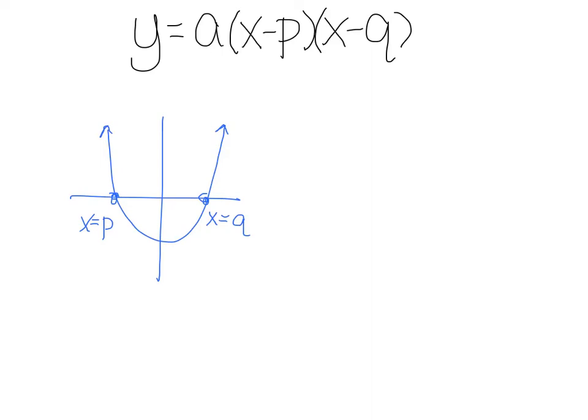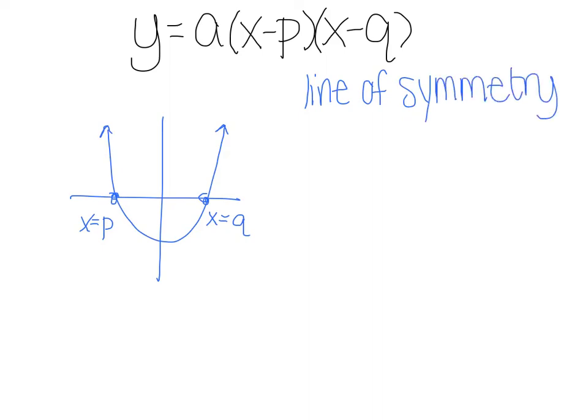One of the things that we know about the x-intercepts is that our vertex is exactly halfway between my x-intercepts. The other thing I know is that my line of symmetry goes through my vertex. So my line of symmetry must be halfway between my x-intercepts.